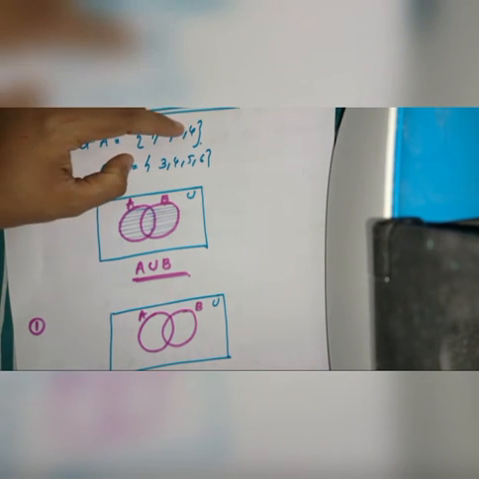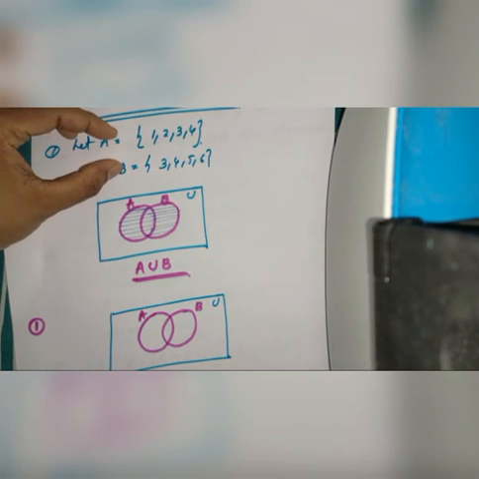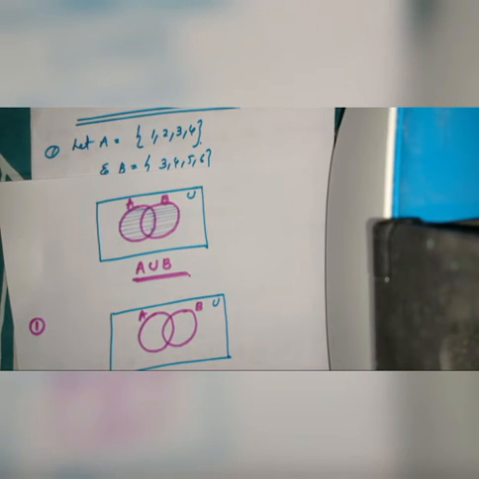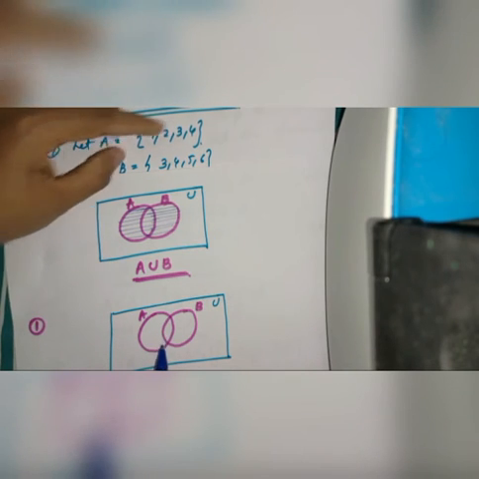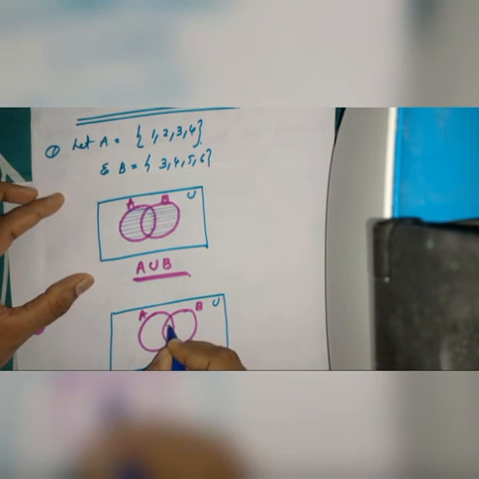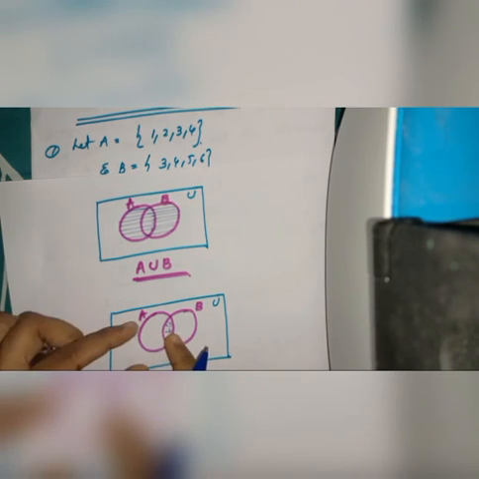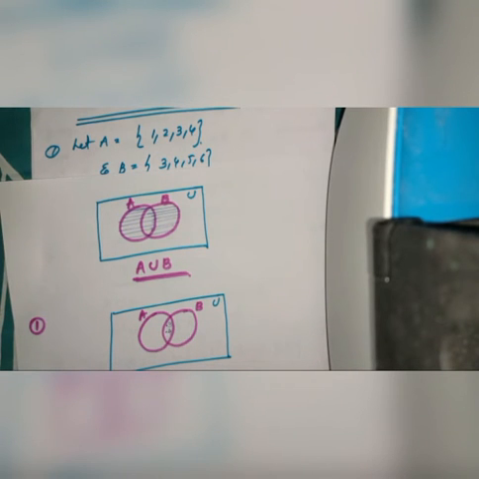Because there are some elements common to both A and B. Those elements are included in this area. What are the common elements? I mark 3 here, 4 here. So these elements 3 and 4 are common to both A and B.